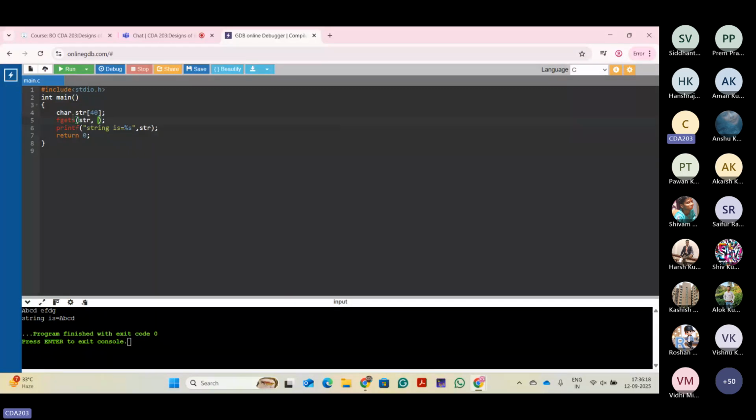Then the maximum character length, so let's say I bound it with 30, and standard input, which is denoted by stdin. Now let's run the code and enter ABCD, and we just see it's coming like this.